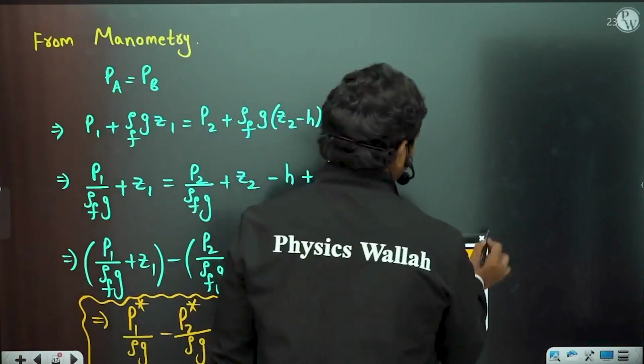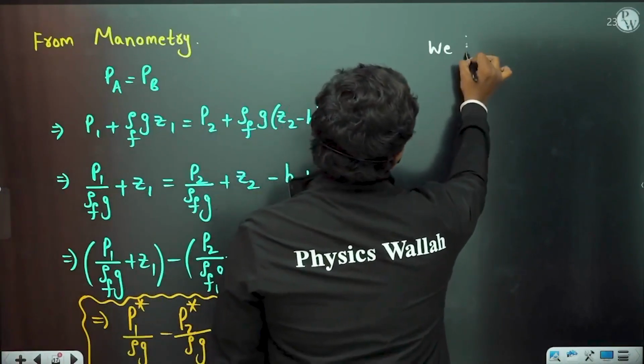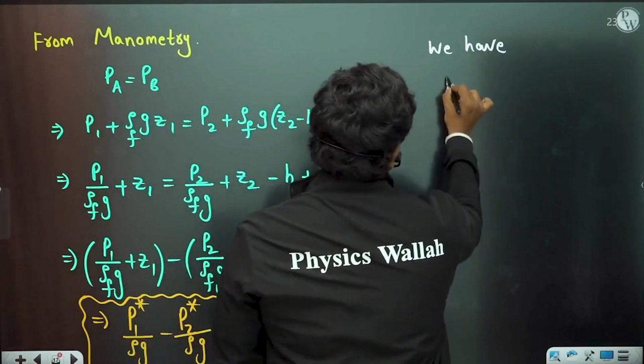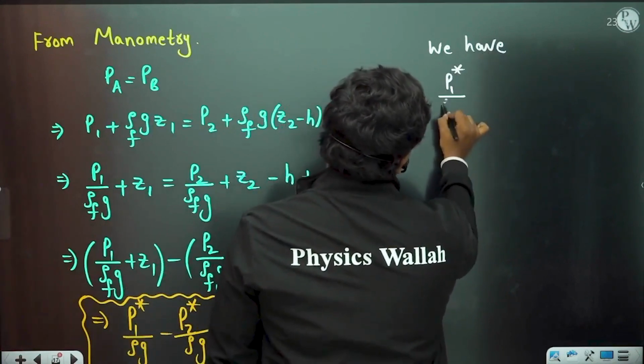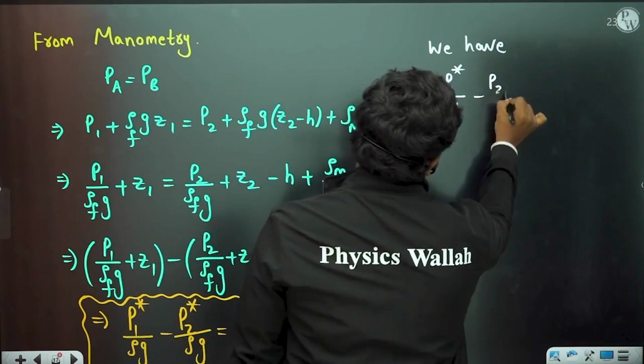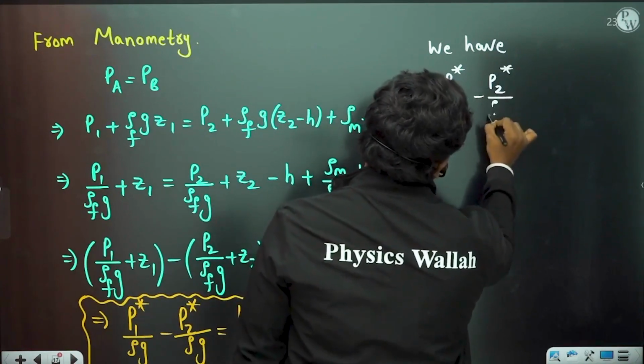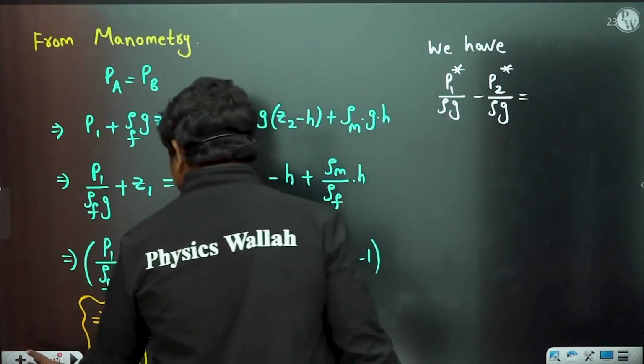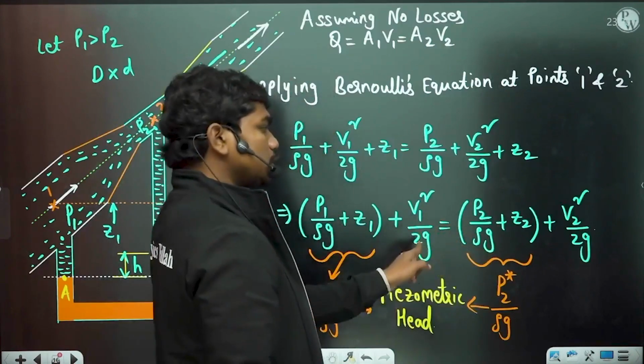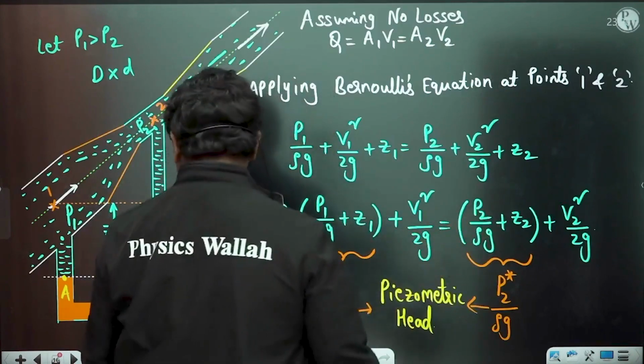Therefore we have P1 star by rho g minus P2 star by rho g is equal to V2 square minus V1 square by 2g.